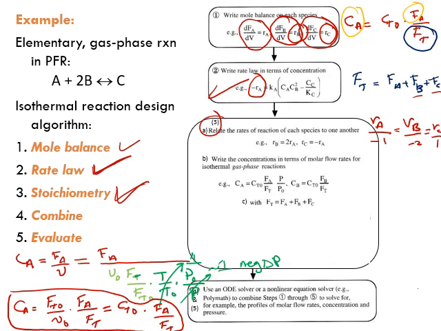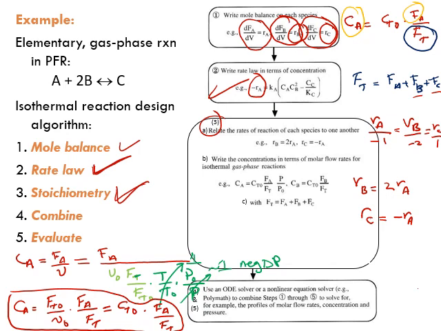So simply, RB equals 2 times RA, and RC equals minus RA.